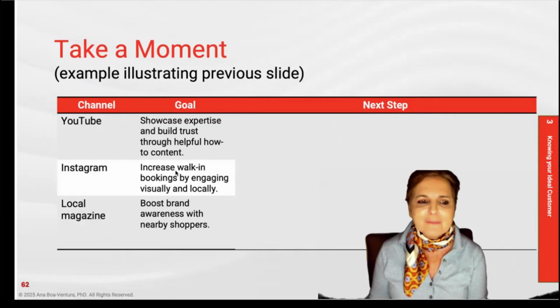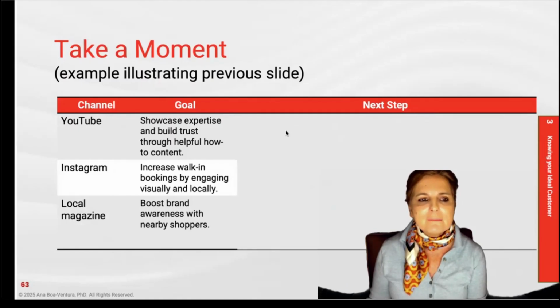And with Instagram, increase walk-in bookings by engaging visually and locally. And then at the local magazine, boost brand awareness with nearby shoppers. So maybe even set up some partnerships with a beauty supplies store somewhere locally, right?